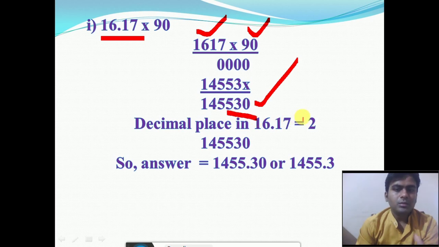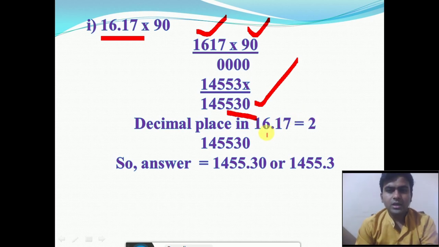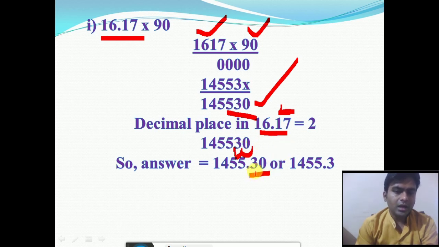Now you have to decide where you have to put the decimal point. So in our question, the decimal point is after two places from the right. So in the answer also we will put the decimal point after two places. So start 1, 2. So where do we have to put the decimal point? After the 3 from the right. So I put the decimal point after the 3 from the right side here.